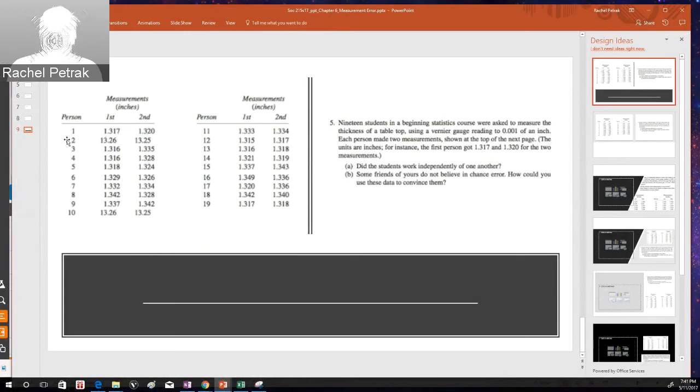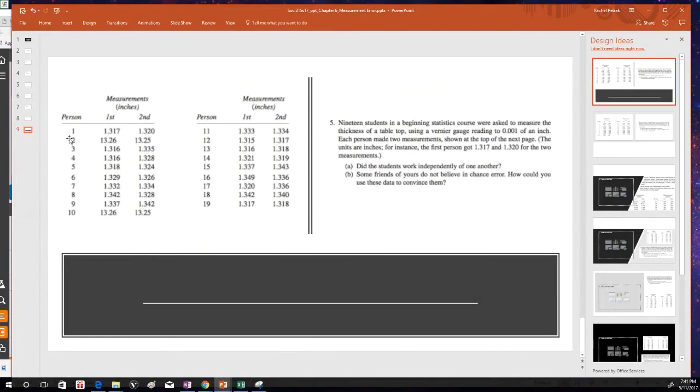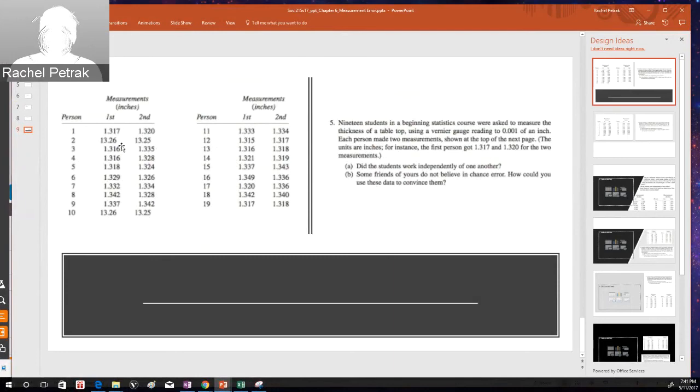Or maybe they didn't know how to properly read the tape measure or the vernier gauge, or they used the wrong units.